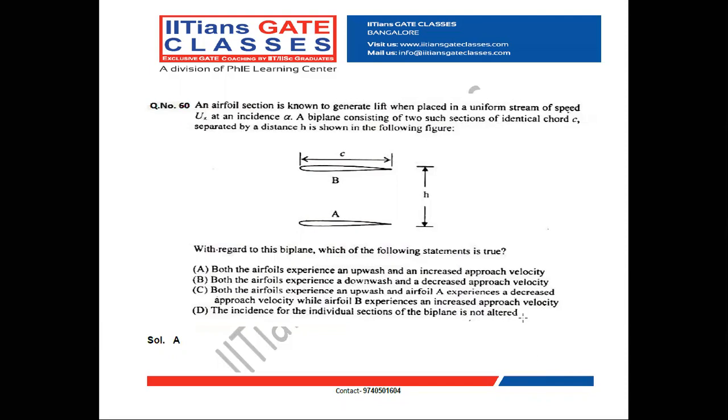The thing here is, since both are identical and placed one above the other, the approach velocity will not get changed because both have a free stream velocity u. So option C is not the correct answer.